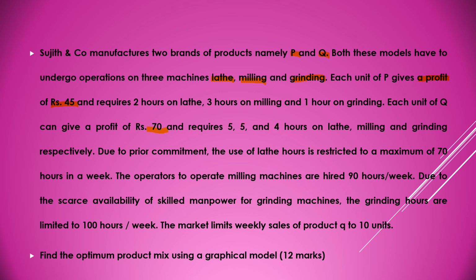Due to scarce availability of skilled manpower for grinding machines, the grinding hours are limited to 100 hours per week. So you can see each machine has a restriction. You can't go beyond these restrictions, and this will be a constraint under the linear programming model.